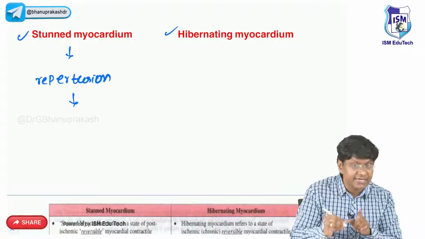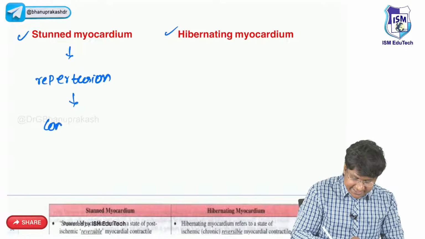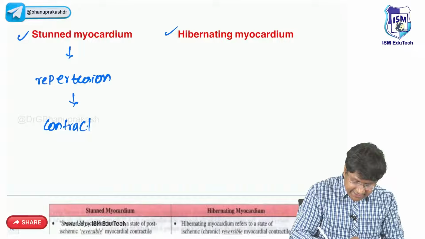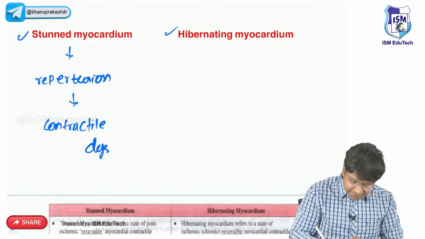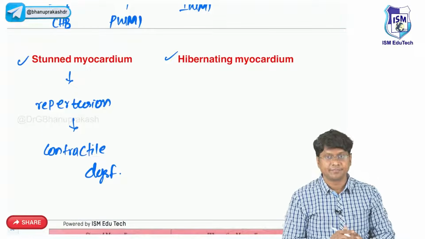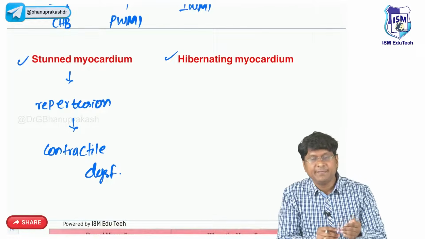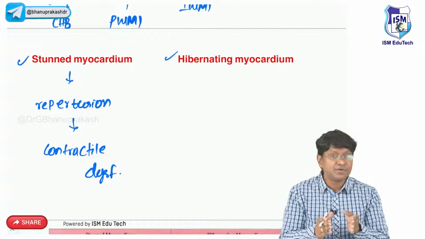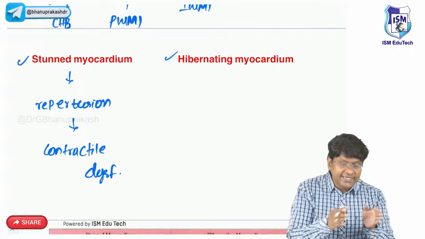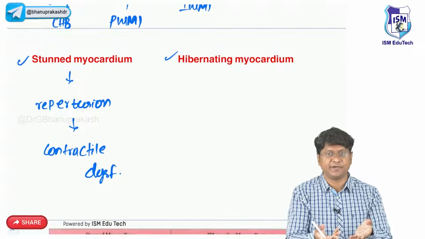Despite myocardial reperfusion, there is still contractile dysfunction. That is stunned myocardium. What is hibernating myocardium? Hibernating myocardium is that the myocardial contractility will return back to normal after reperfusion.